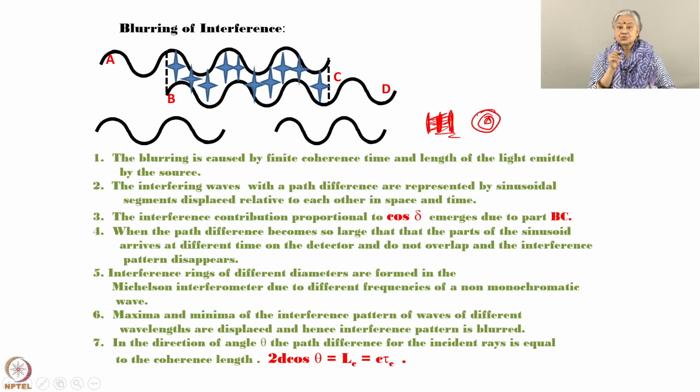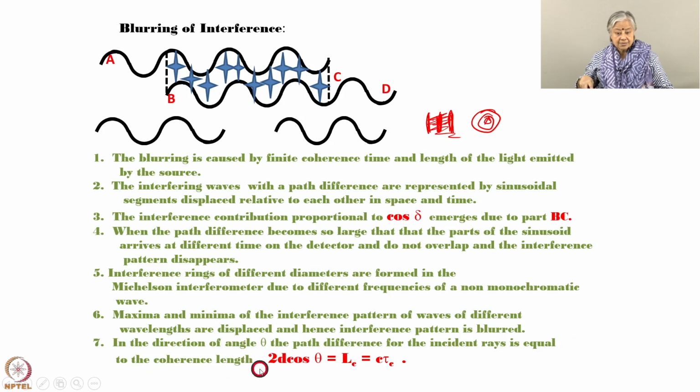Okay. So, I will get them as rings like this, but these rings will correspond to different wavelengths. Okay. The maxima and the minima of the interference pattern of waves of different wavelengths are displaced, and therefore, interference pattern is blurred.